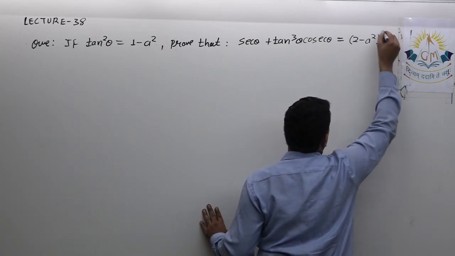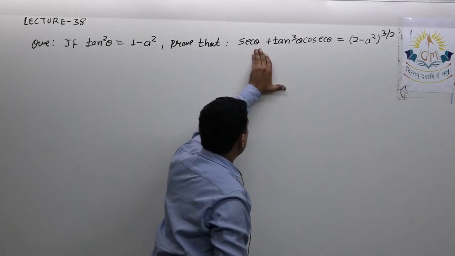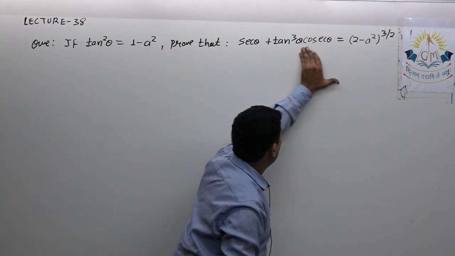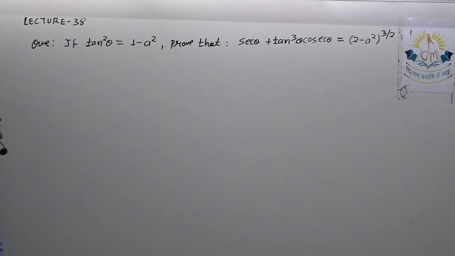So you have to express this sec theta plus tan cube theta cosec theta in terms of a, that is (2 minus a square) raised to 3 by 2.